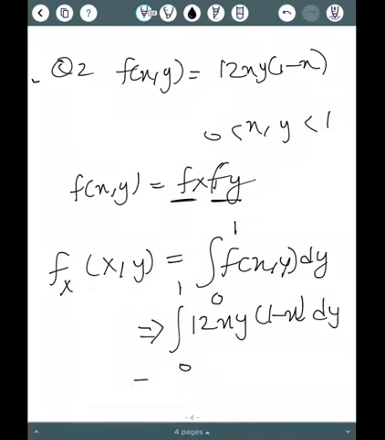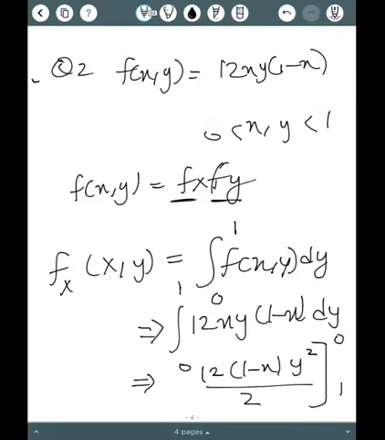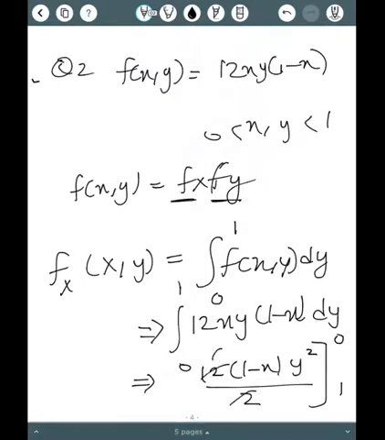So this will be fairly simple. So it will be 12x(1 - x) y square over 2, right? और फिर इस पे आपने 0 और 1 की लिमिट्स लगा दी, okay? So once you're done with that, I'll just simplify this. So this will be 6, right? और जब 1 डालोगे इसमें तो 6(1 - x) बन जाएगा, और 0, सॉरी मैंने limits उल्टी डाल दी हैं, just like ulta 1 and 0, right?